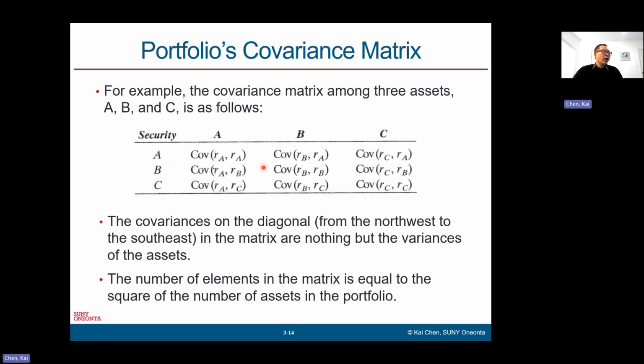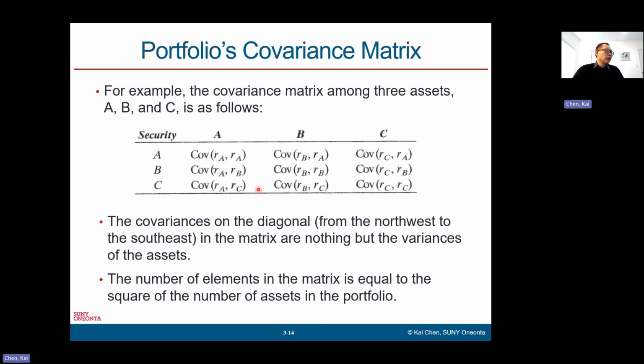For example, the second row is labeled as B, asset B. Each element in the matrix shows the covariance between the column asset and the row asset.